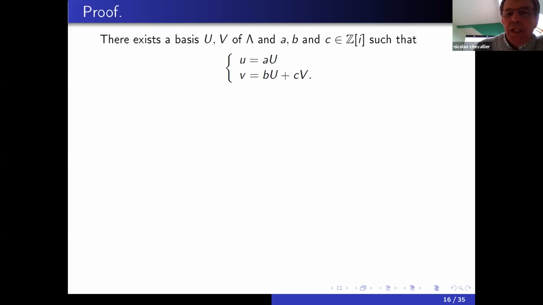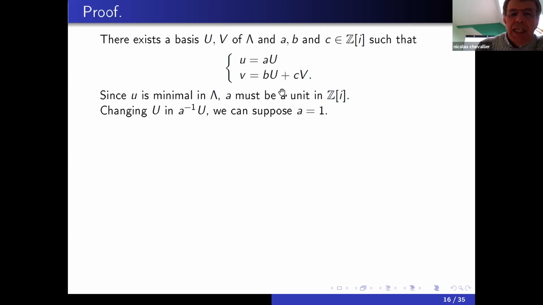Next, u is a minimal vector. This means that u cannot be the multiple of some other vector, which implies that A must be a unit. And you can change capital U, and so you can suppose that A equals 1.